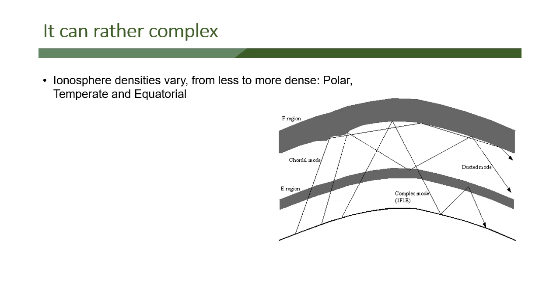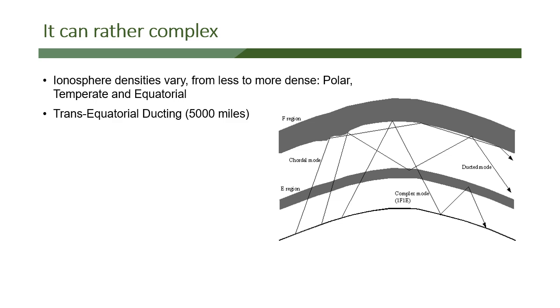So things can get really, really complex when we're talking about bouncing signals around the ionosphere. Because the densities vary from less to more dense across the polar, temperate, and equatorial regions of the Earth, we're going to see different ducting characteristics, because the energy levels in the ionosphere are different at these regions because of the way the sun hits these areas of the Earth, and also relative to the seasons that we go through.